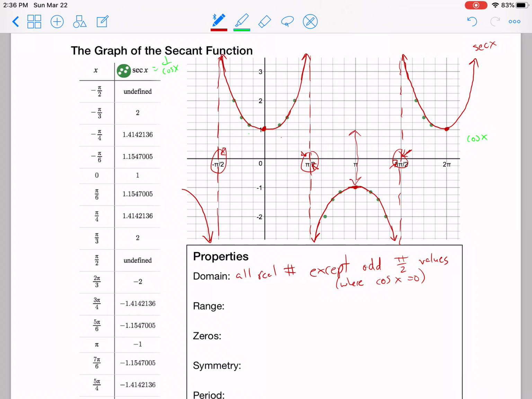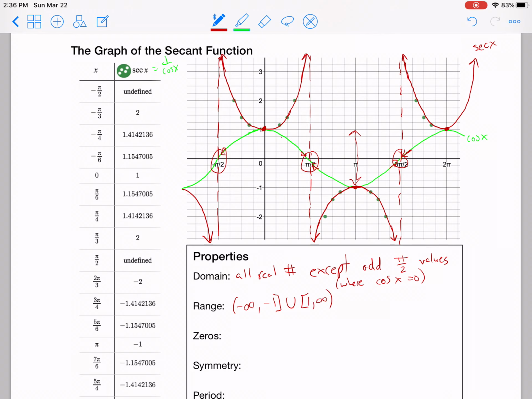But that green is not there. So we basically have nothing in between there and there. And so we can say our range is negative infinity up to and including negative 1, union including 1 out to infinity.